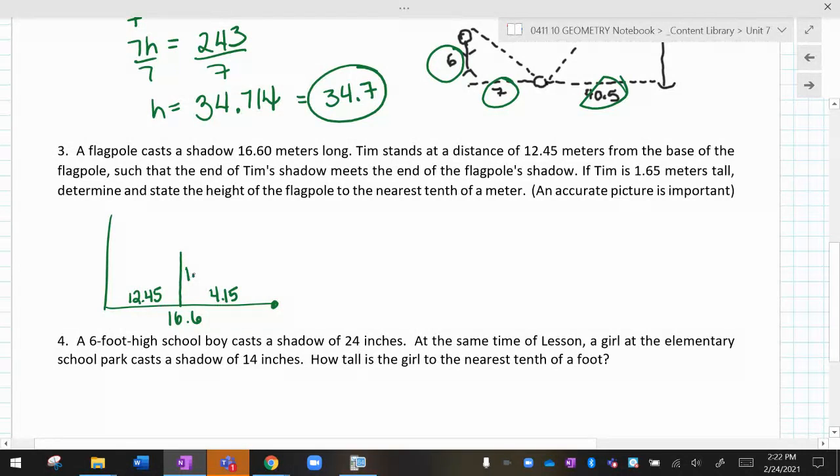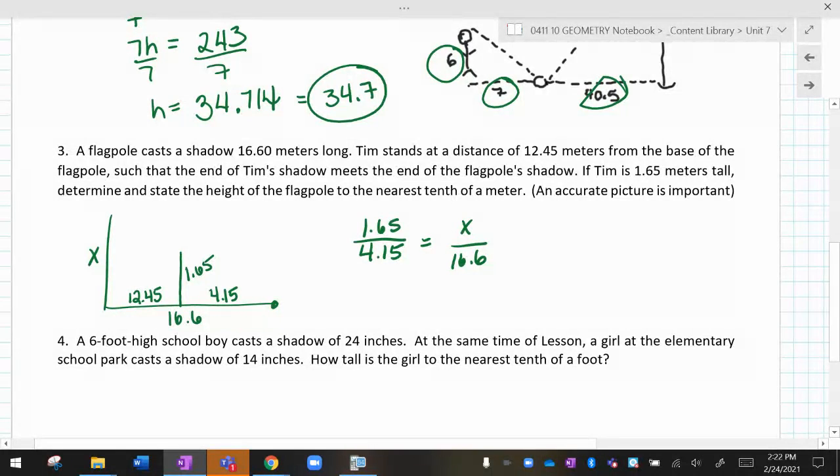If Tim is 1.65 meters tall, determine the height of the flagpole. Oh, so what I'm really just doing is comparing height to shadow. So Tim's height, his shadow, the flagpole's height, the flagpole's shadow.